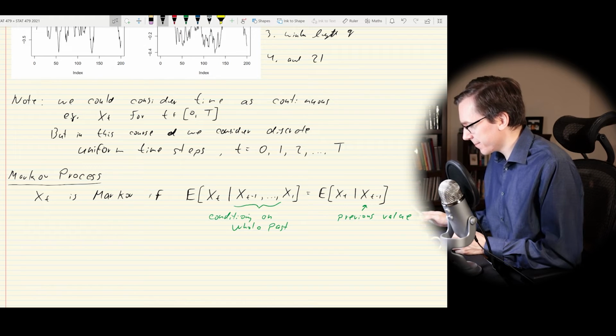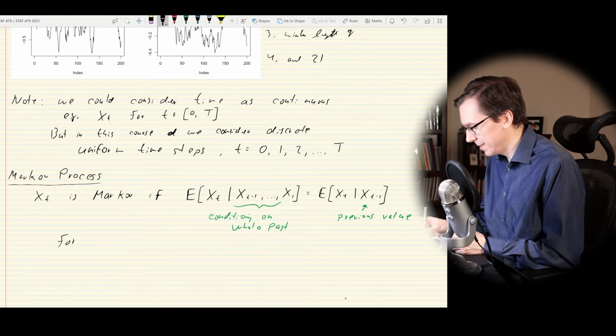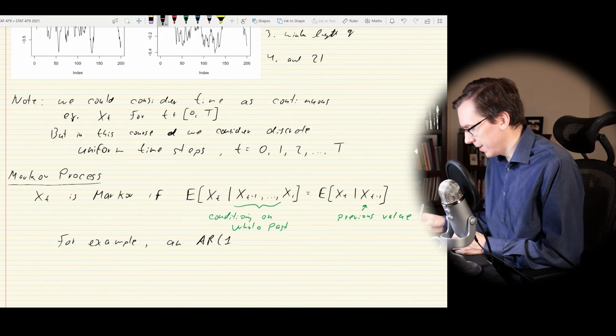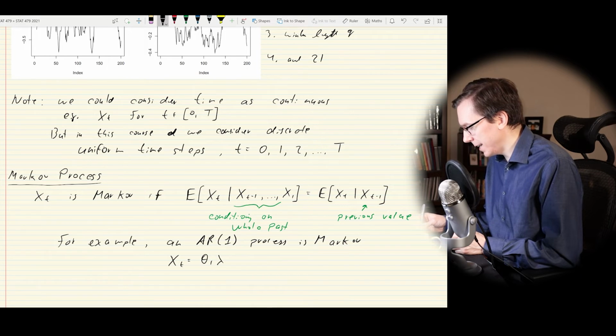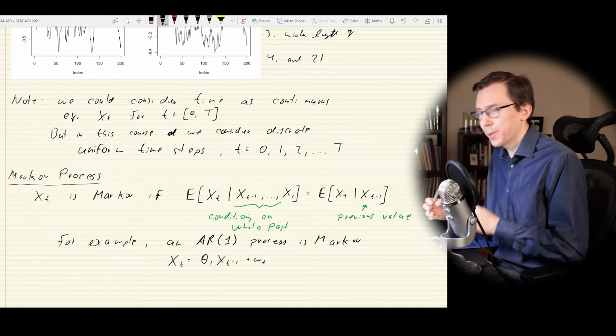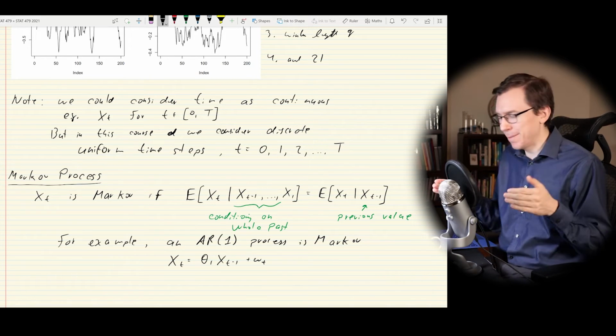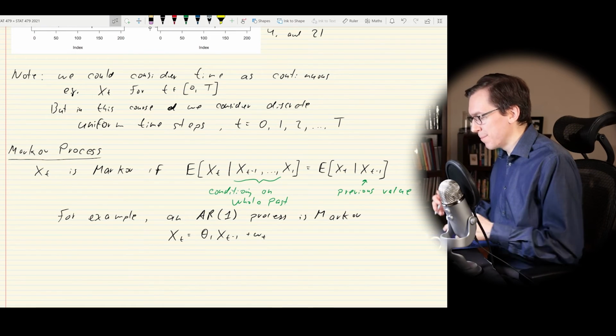So, for example, an AR1 process is Markov, because an AR1 process, as we noted before, is going to look something like xt is equal to theta xt minus 1 plus some white noise. So it only depends on the previous time point for what the current time point is going to do.